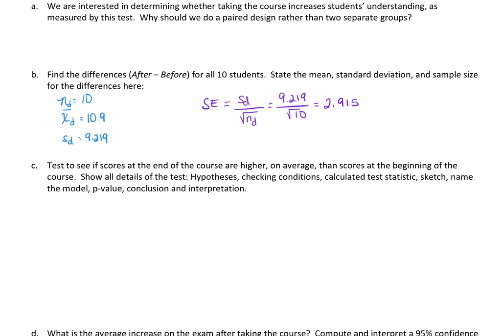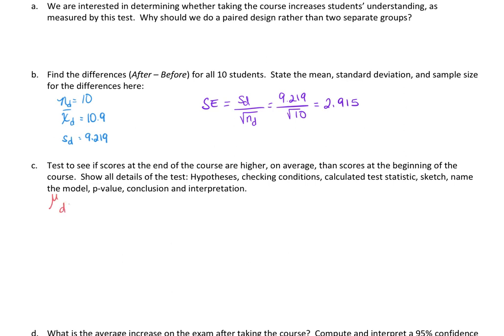So a few more things that we're going to have to do now is we're going to have to define our hypothesis test. So we need to define our null and alternative hypotheses. We also need to state our sample statistic, and we need to state our test statistic. So let's take this one step at a time. Let's define our parameter of interest, mu sub d.